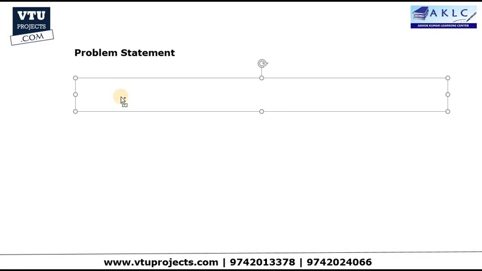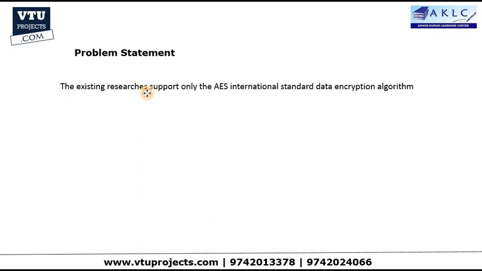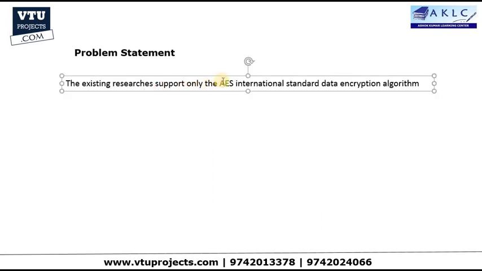As per the IEEE author, among the existing researchers working on the security of big data, many speak only about the AES algorithm for encrypting the data stored in Hadoop. But many governments have recommended the ARIA algorithm as a standard data encryption approach because it provides better security and is difficult to break.